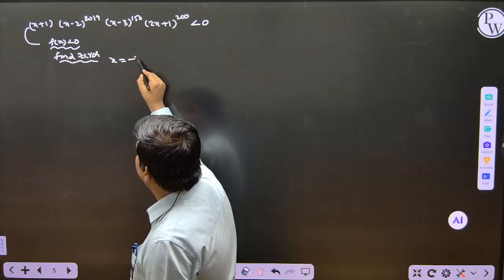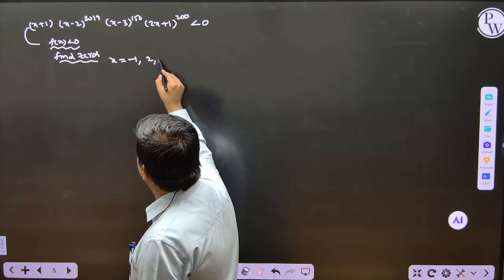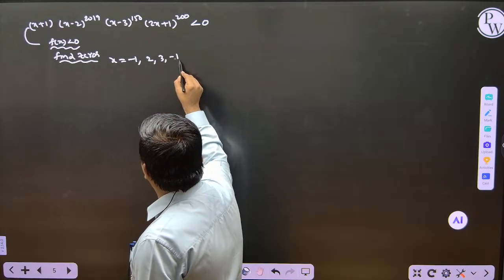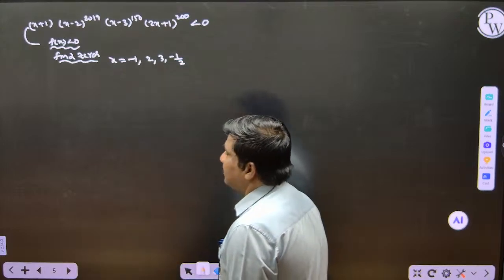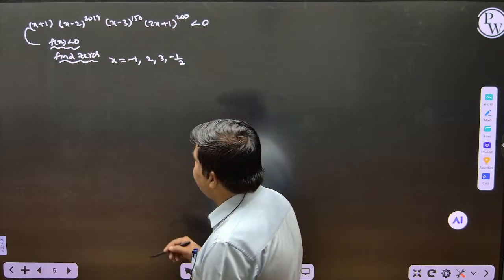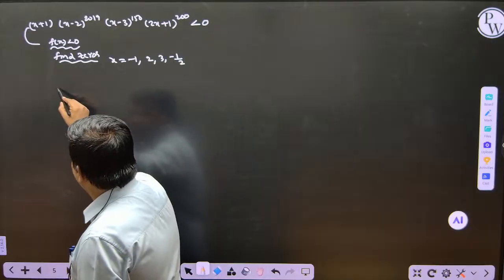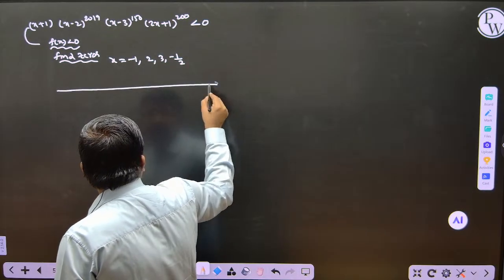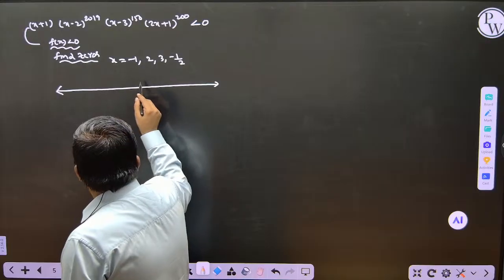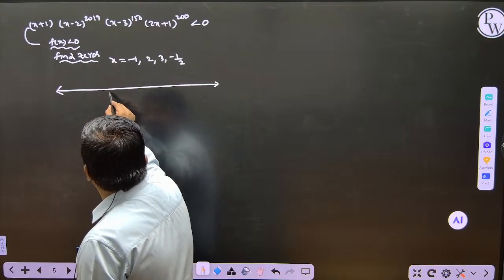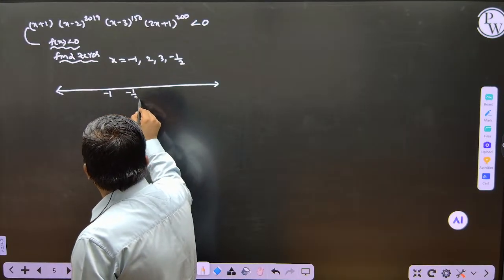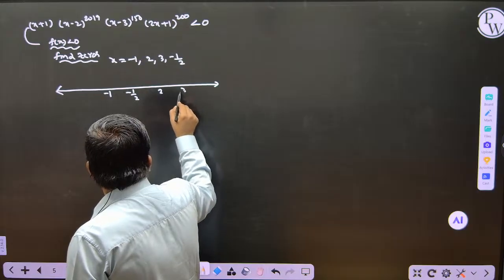We get what? Minus 1, 2, 3, minus 1 by 2. Later write in which order? Increasing order on the real line. First one is minus 1, next minus half, next 2, next 3, or not.